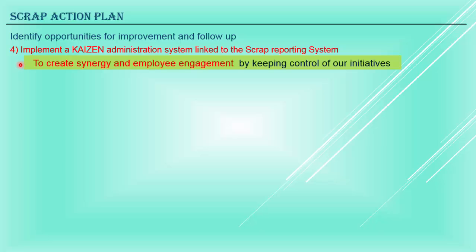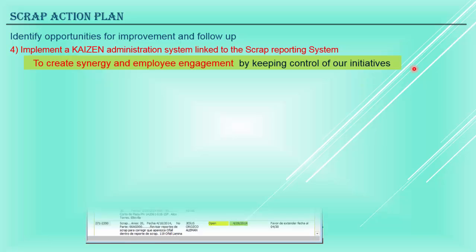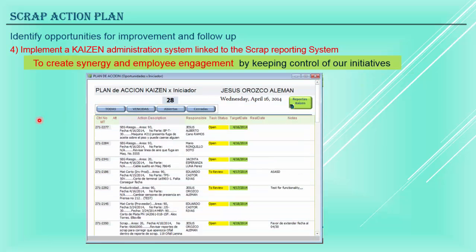The Kaizen system also will create synergy and employee engagement by keeping control of our own initiatives. In here, we can access the system and see the number of ideas or opportunities that we have open over time, and also see the status of the different actions, if they are being done or not.